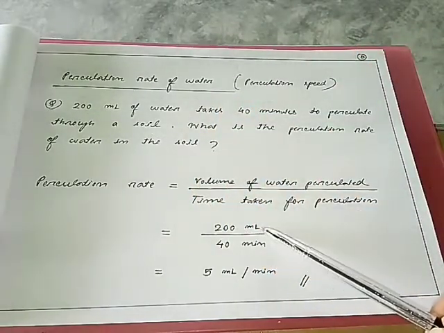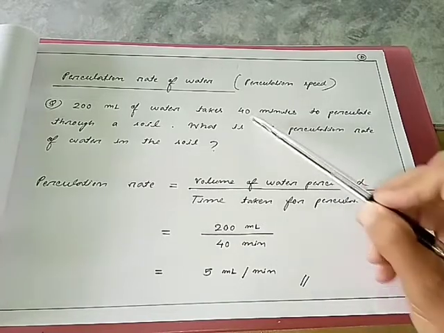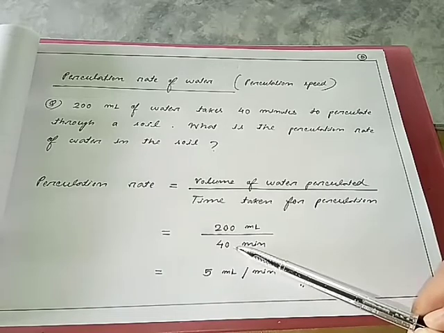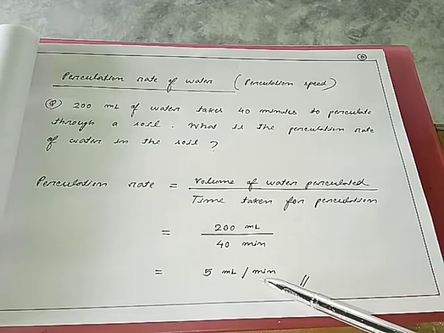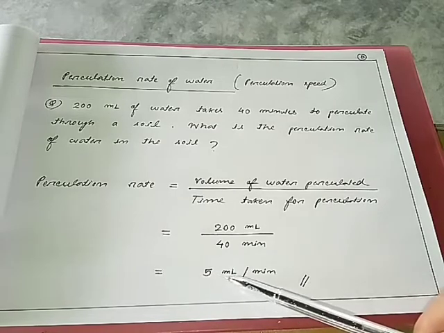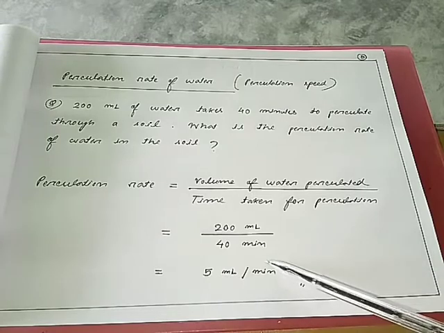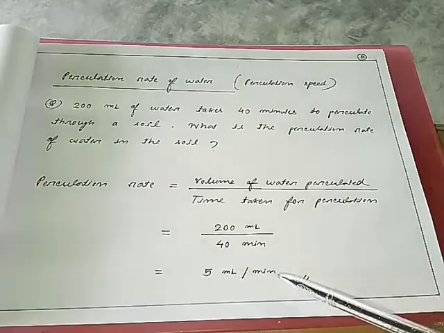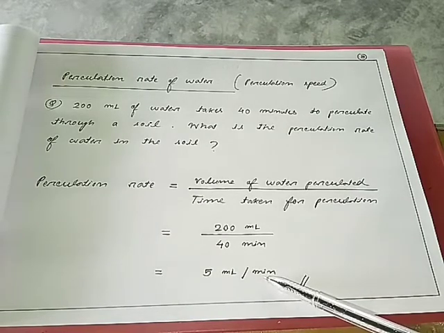So we put here 200 ml. And time taken for percolation was 40 minutes. So we write here 40 minutes. If we do this, then we will get 5 ml per minute, 5 milliliter per minute. So this is the speed of the percolation. Okay, this is the percolation rate of water.